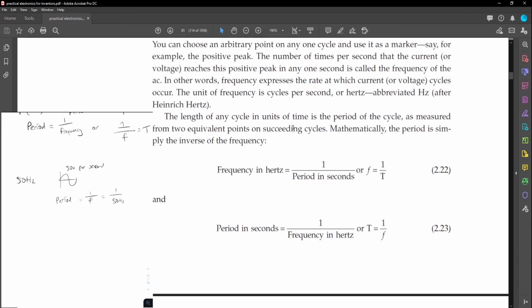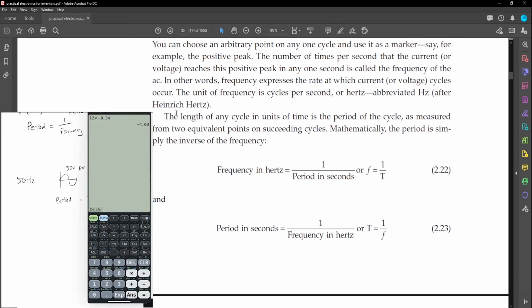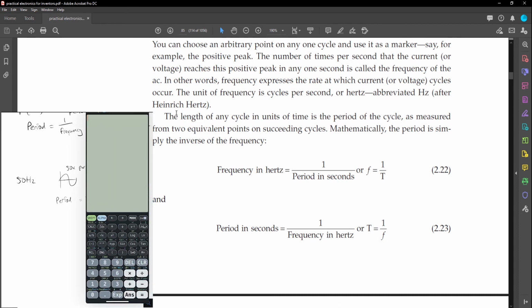All right, fine. Mathematically I get that, but I don't understand the whole seconds thing. So for example, if I wanted to work out how long it takes to do one oscillation, you would do 1 divided by 50 on a 50 hertz signal.